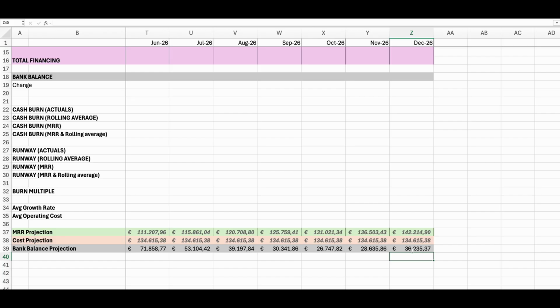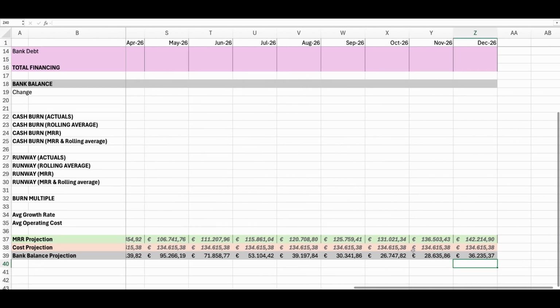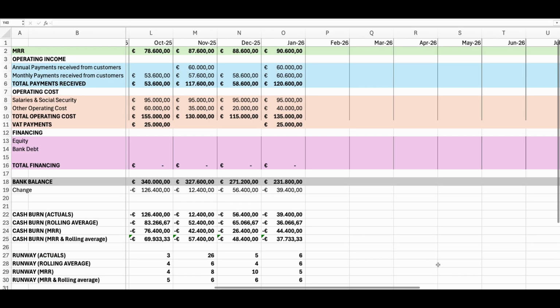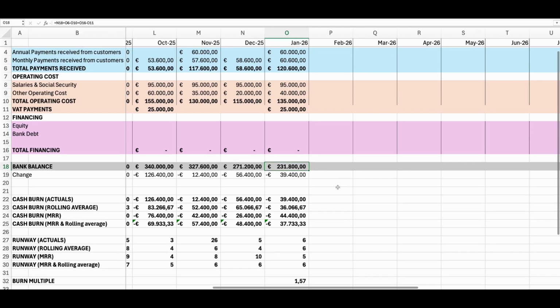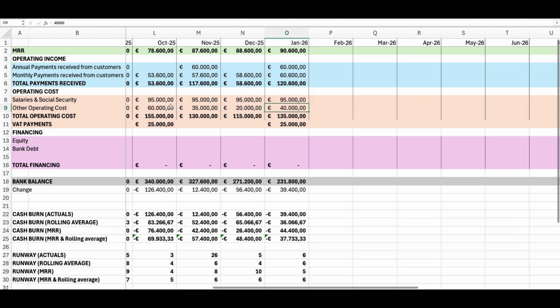So what I'm seeing here is, if we keep doing what we're doing, we do have a path to break even in this case. But this company is starting to be a little bit low on cash, even though they have 230,000 in the bank. So what they should do is maybe try and shave off some of that discretionary spend in the other operating costs if it does not necessarily have a big impact on growth.